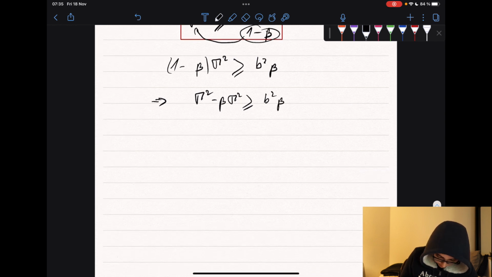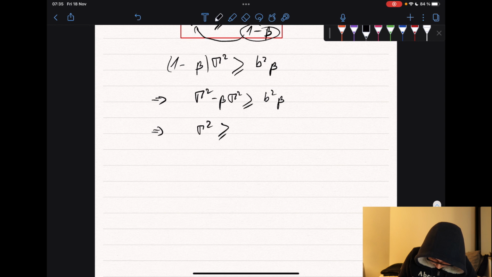Then we put the betas on the same side of the inequality, so this is equivalent to having b squared times beta plus sigma squared times beta.